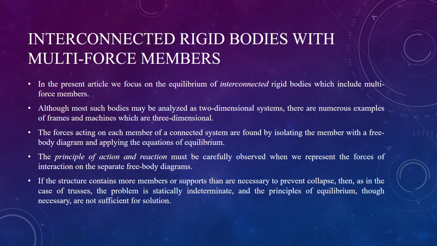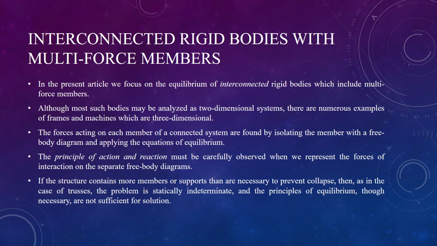Now, our focus will be on the equilibrium of interconnected rigid bodies, which include multi-force members. Although most such bodies may be analyzed as two-dimensional systems, there are numerous examples of frames and machines which are three-dimensional systems. You see these things in your daily life.